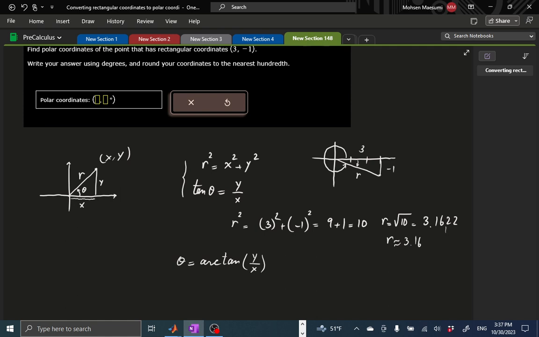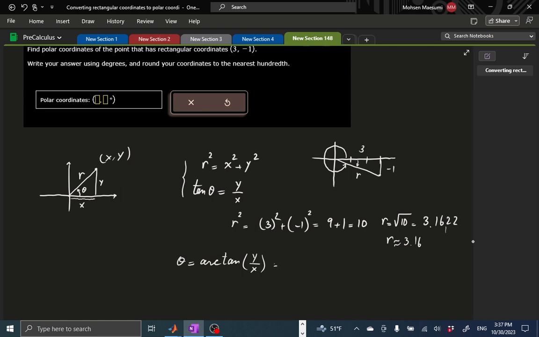If we are in the first or fourth quadrant, this is going to do. If we are in the second or third quadrants, then we have to make a small adjustment.